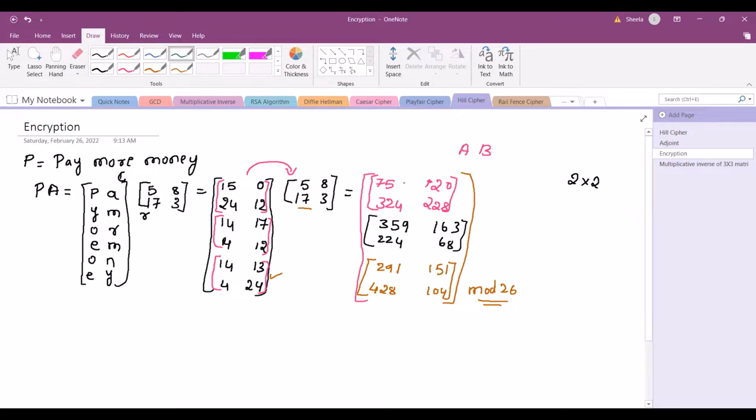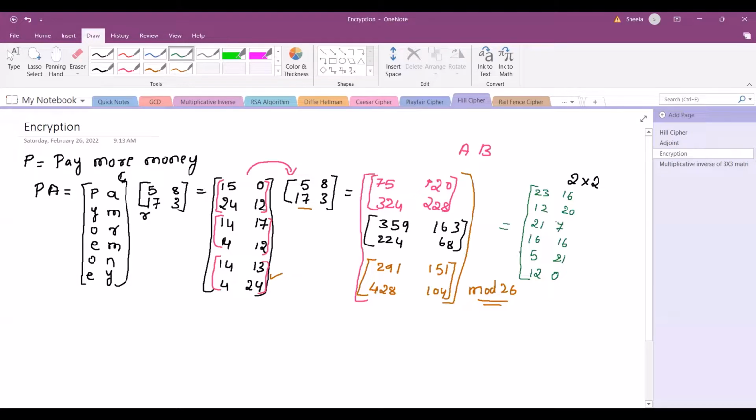So we will be getting the result as 75 mod 26 is 23, and 120 mod 26 is 16, and 324 mod 26 is 12, and this value is 20, and next we are going to get 21 and 7, here it is 16, this is also 16, and then 5, 21, then 12, and then 0.